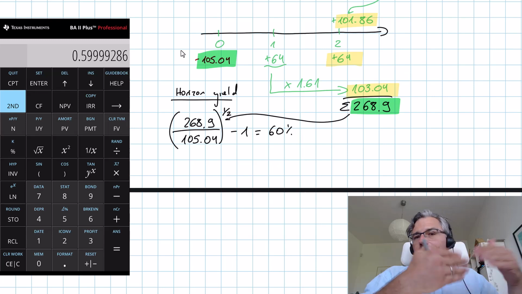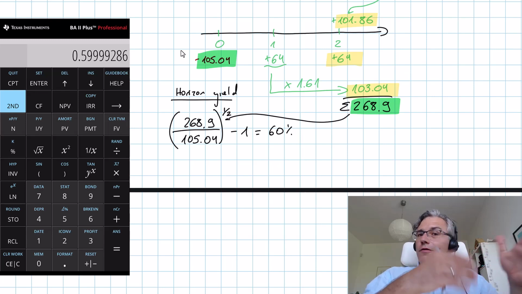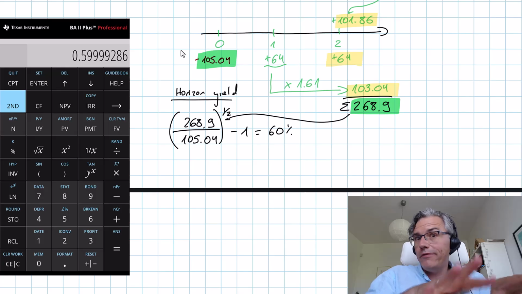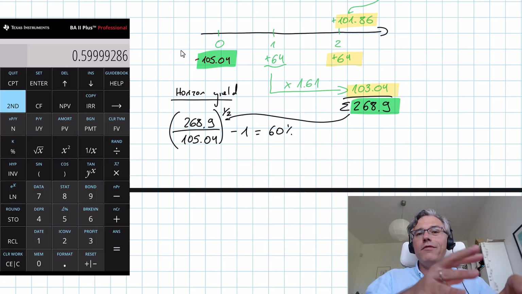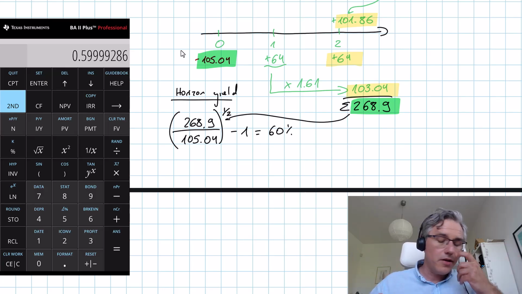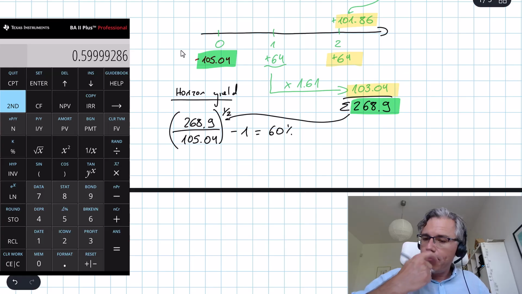And more times than not, one of those effects is going to be stronger than the other, but not in this case. The two effects will exactly offset one another, and I had to really play around with the numbers. That's why I made them so extreme, to make that possible in a very short example of just a 2-year investment horizon. So let's check what happens here.